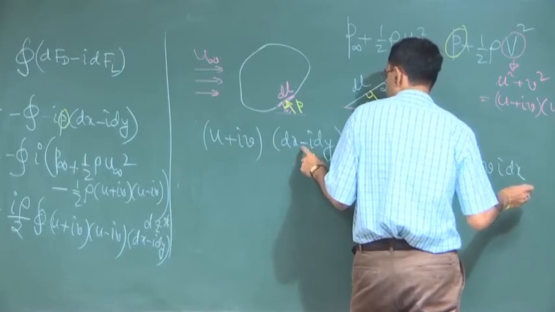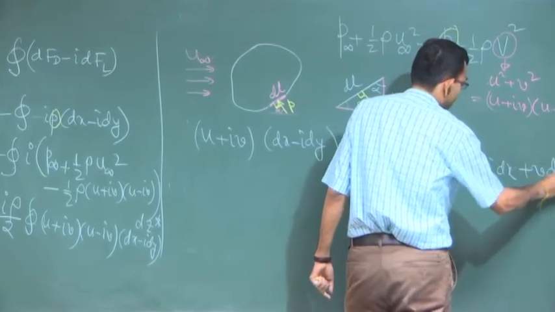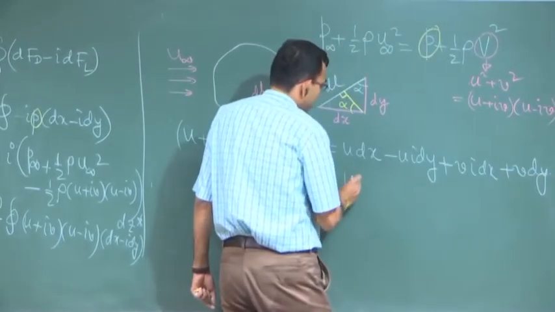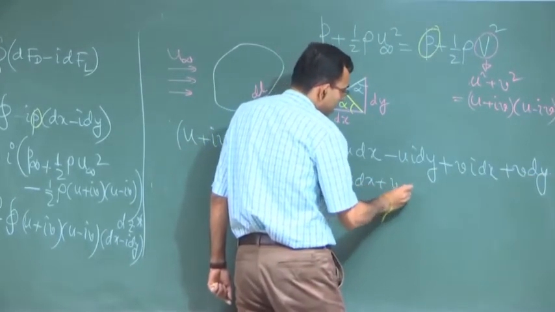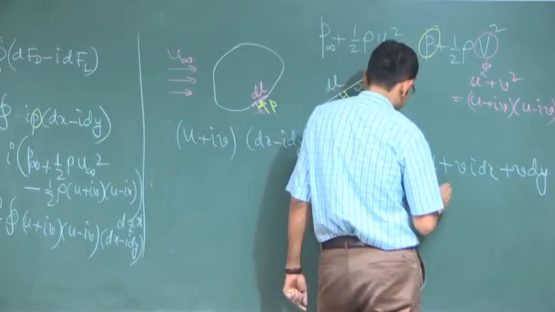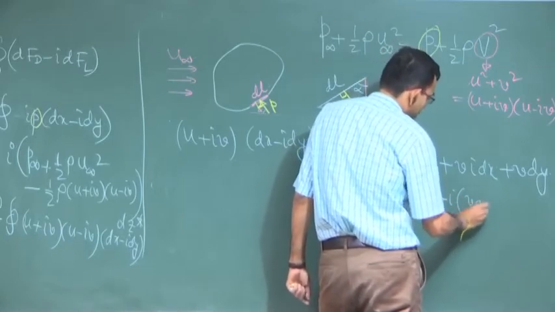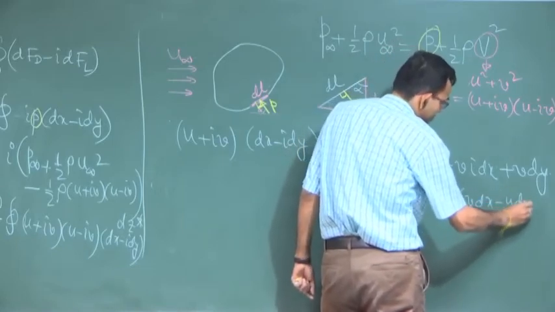So, minus 1 into minus 1 is v dy. So, u dx plus v dy plus i into (v dx minus u dy).